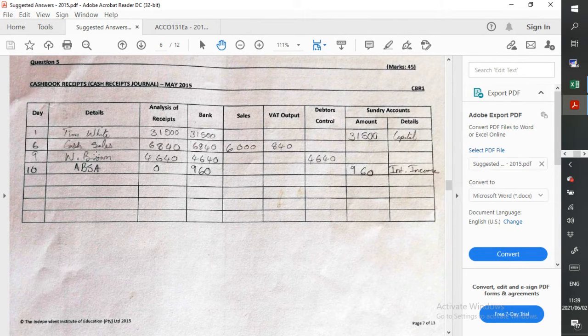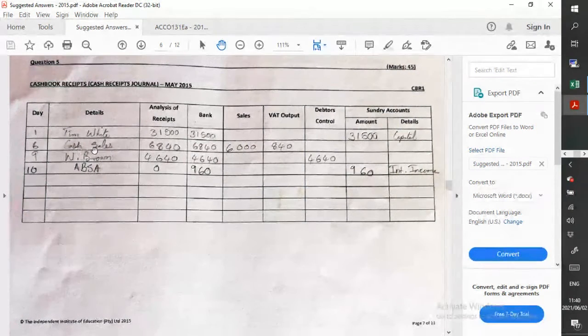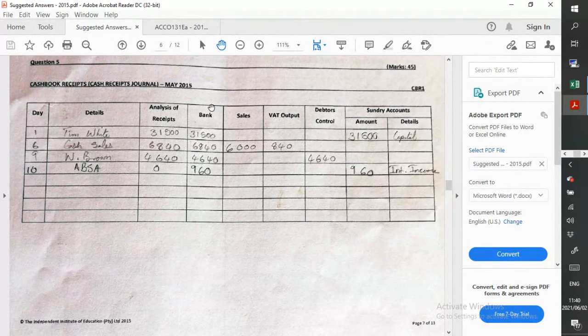You have to write cash sales, or at least sales, not just cash. Okay, what type of cash is this? What type of transaction is this? All right, there's several transactions where we could maybe be receiving cash. Okay, it must be at least sales or cash sales. I'd prefer cash sales. Okay, so 6,840 under analysis of receipts.